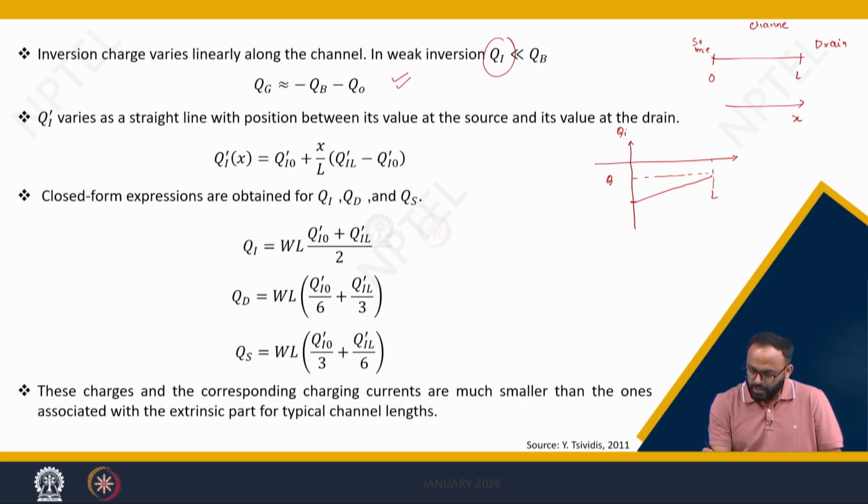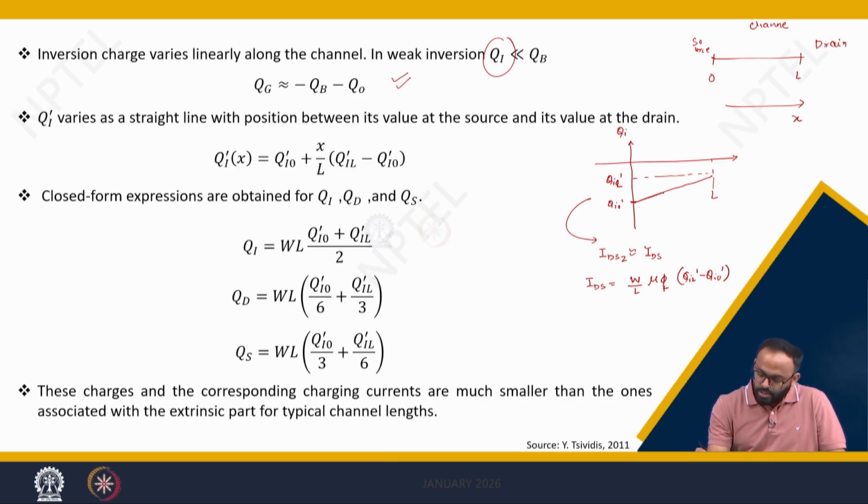We showed this graph, and accordingly we defined the diffusion current, which is dominant in weak inversion. So this will be QIL' and this will be QI0'. The current in weak inversion we can simply write as IDS equals W divided by L into mu into phi t into QIL' minus QI0', meaning my charge in weak inversion varies linearly.